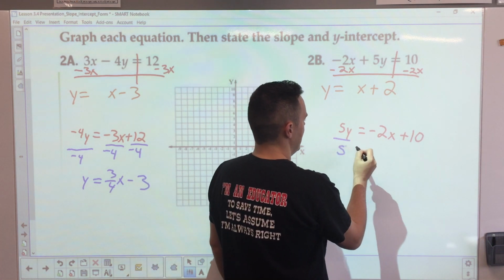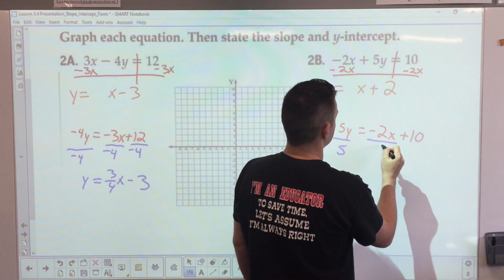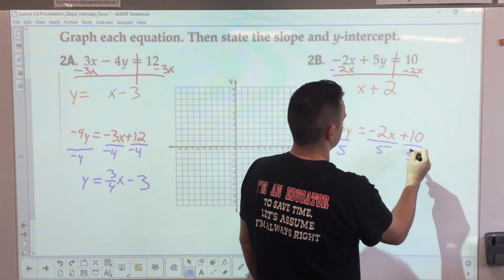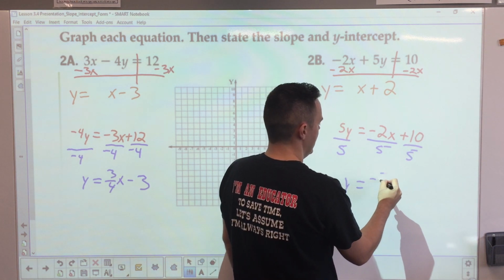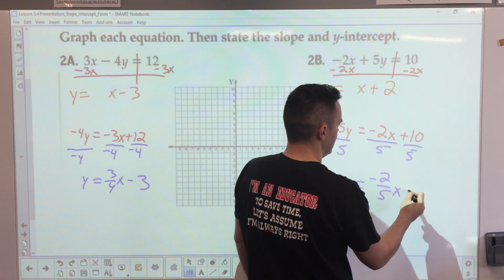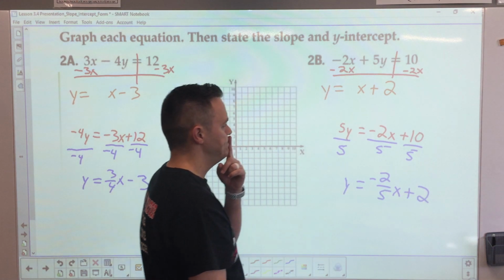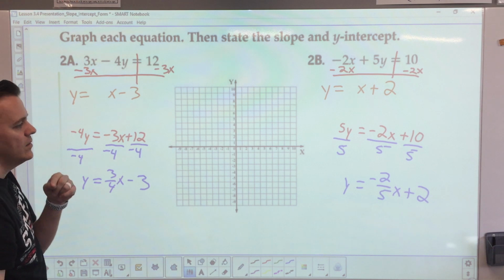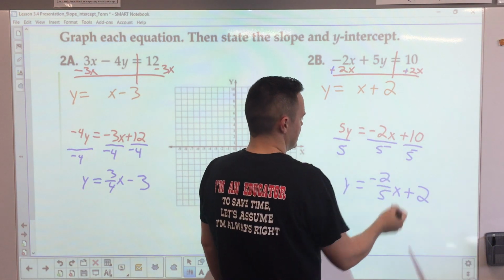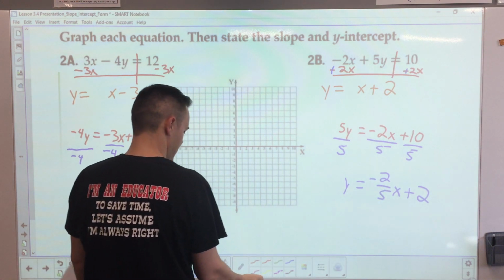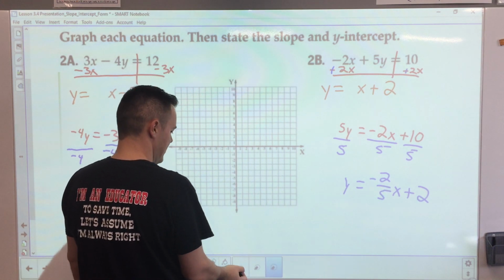This one here, divided by 5. Okay, now I get y equals negative 2 over 5x plus 2. Oh, I made a mistake. Look at that. Hopefully y'all caught that in the video. That's a plus, not a negative.